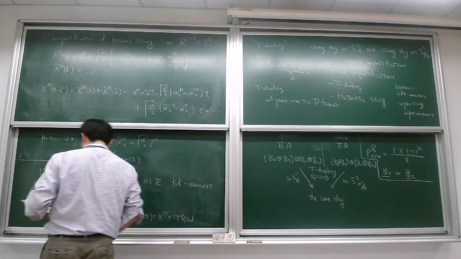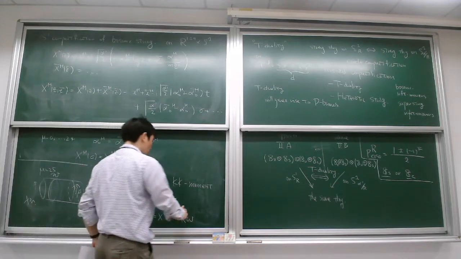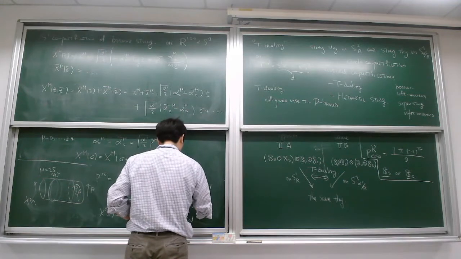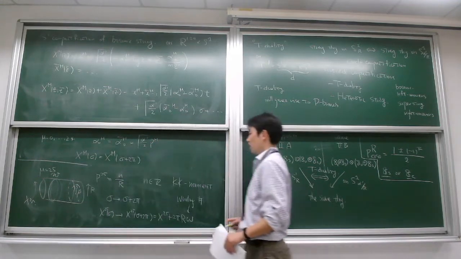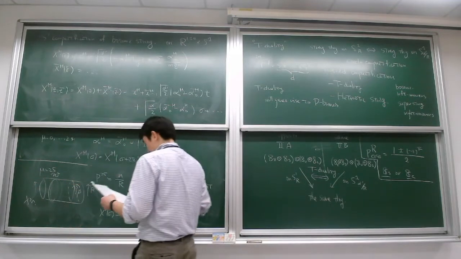This is called the winding number. So you have periodicity, and w is called the winding number. You can wrap the string w times.